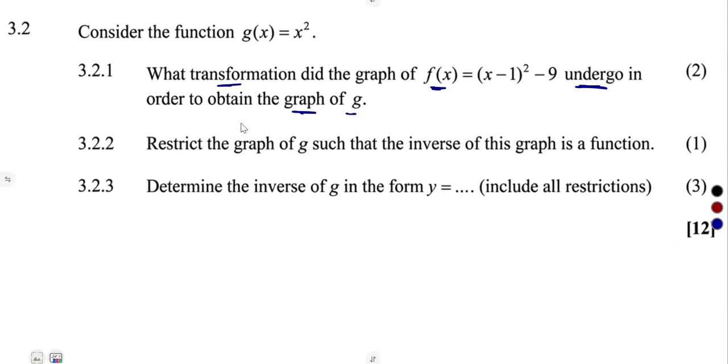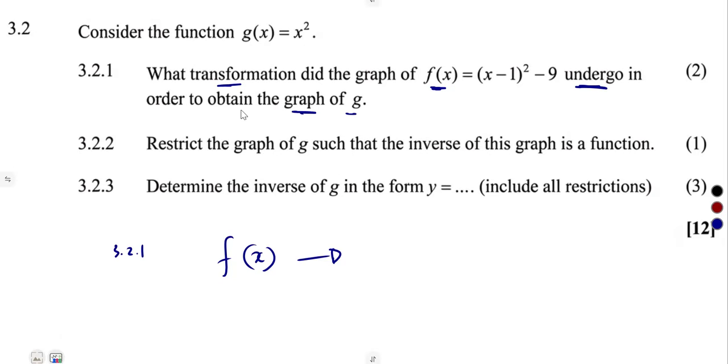So make sure that you go through that playlist to understand everything that you need in your transformation. So here we are given f of x. To transform, it undergoes a certain transformation, or maybe transformations. It cannot be one, it can be two, it can be three, depending on what you are given.